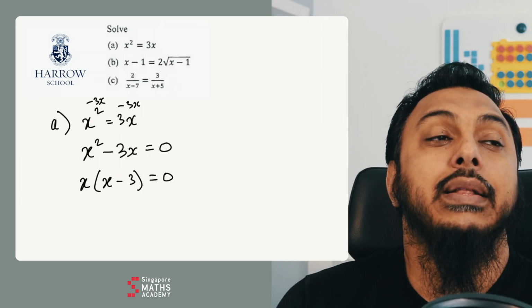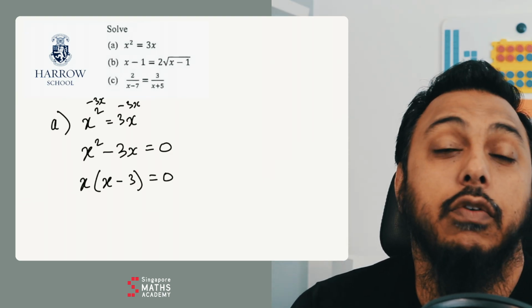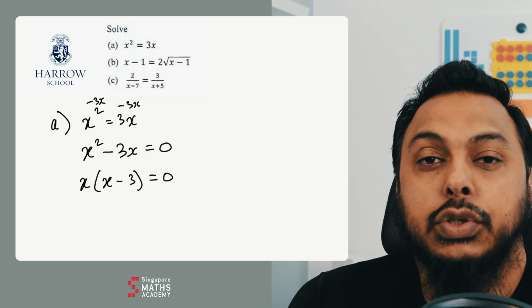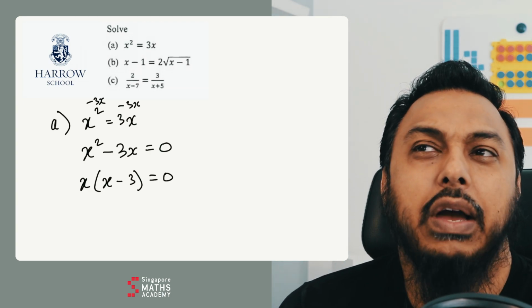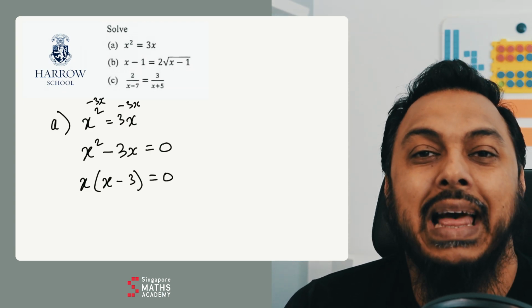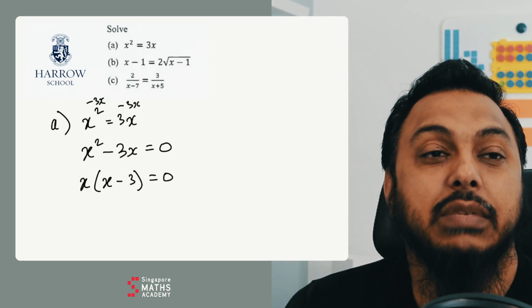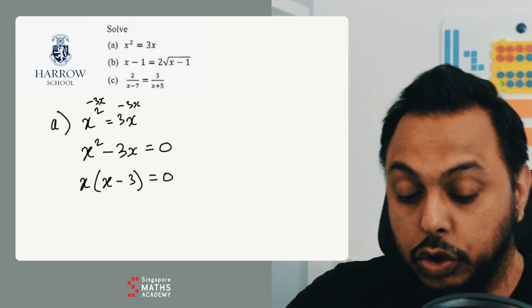Now this is where our understanding of algebra and quadratics really comes into place. If you haven't understood the concept of brackets, then it's going to be challenging to repeat this process the next time you see something like this. So that's where I want to spend some time making sure you understand.